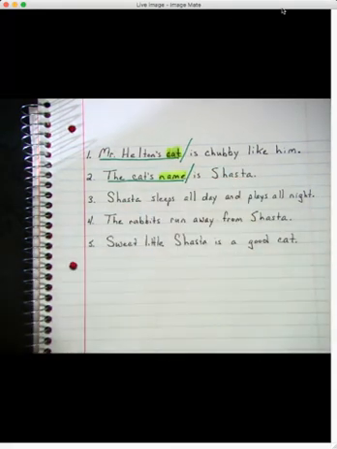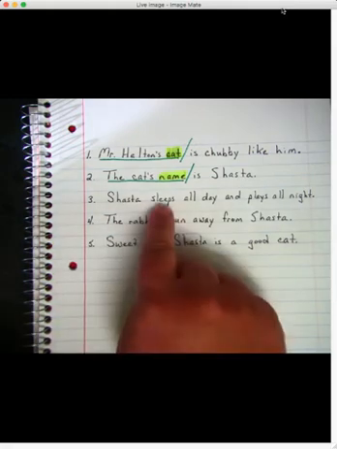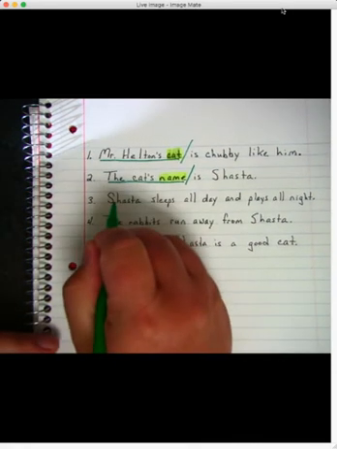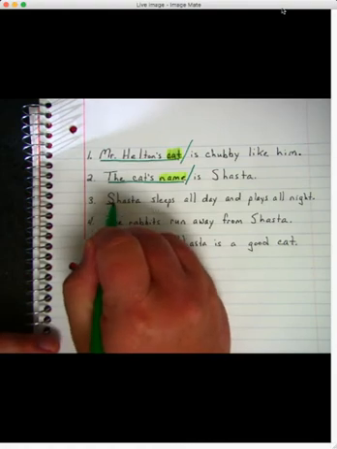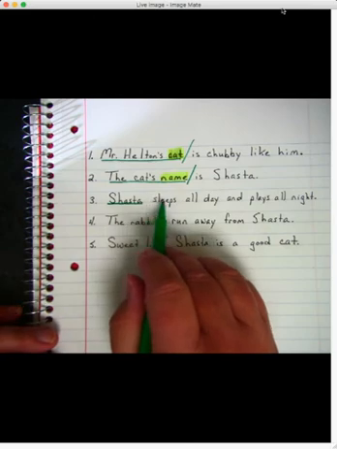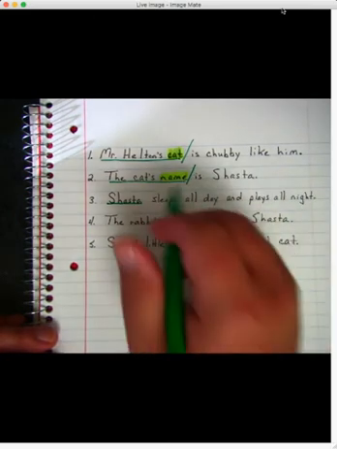All right, sentence number 3. Shasta sleeps all day and plays all night. Who or what is this sentence about? Is it about sleeping? No, that's something you do. That's not who it's about. So it must be Shasta, right? Well, look at this one. It's a little different. The complete subject is Shasta, and then the rest of the sentence tells what she does. So that's the predicate.